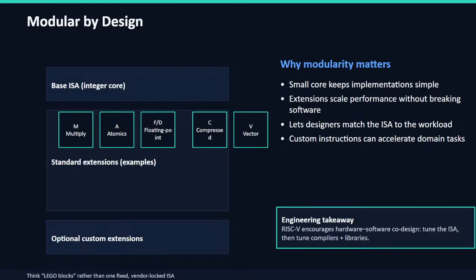For example, M adds multiplication, A adds atomic operations for accuracy, F and D are floating point, and C compresses instructions to save code space, and V adds vector operations for data parallel work.